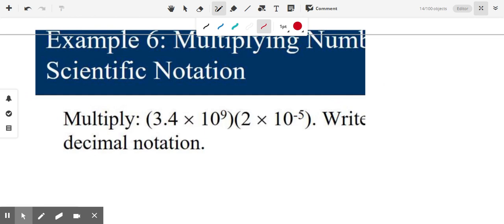Now, for problems like this, we're just going to type it in the calculator just like it's written. I'm going to use that button I just told you about and the parentheses. So I would say 3.4 times 10 raised to the 9th. Make sure you arrow out of that exponent before you put the parentheses.